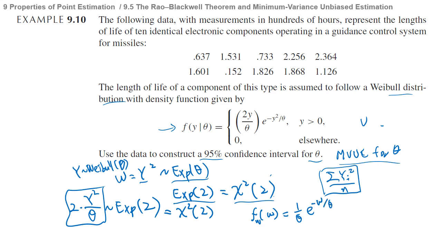If we define our T as 2W over zeta, then f of t is f of w times dw/dt, where from here W is zeta T over 2.